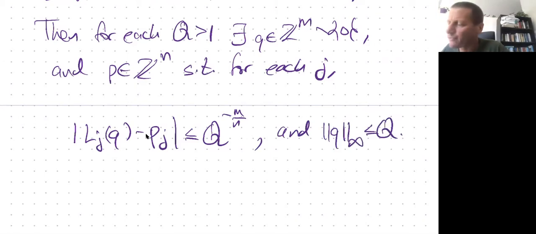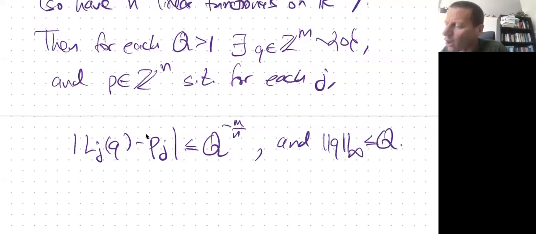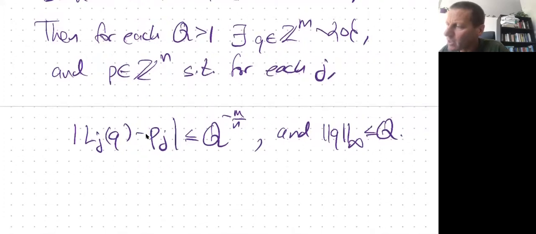So we have these n linear forms, and we can find integer near solutions. The second statement says that these integers that you plug into the forms are not very big.